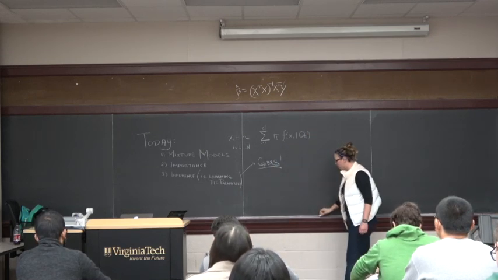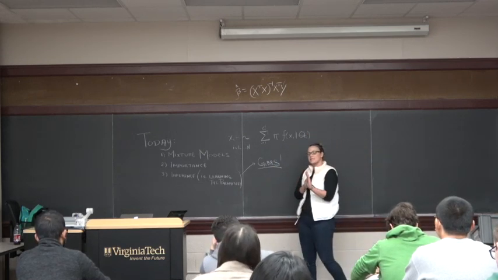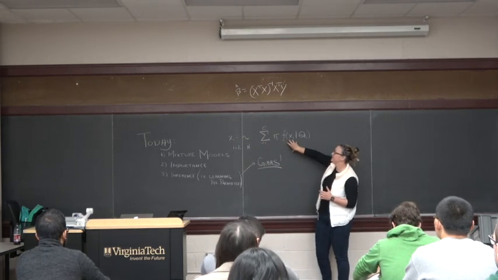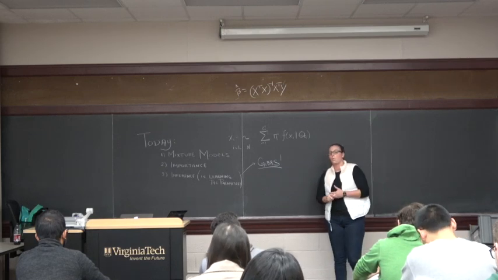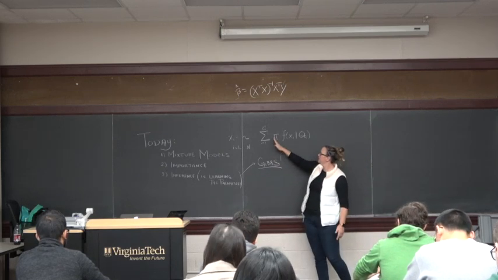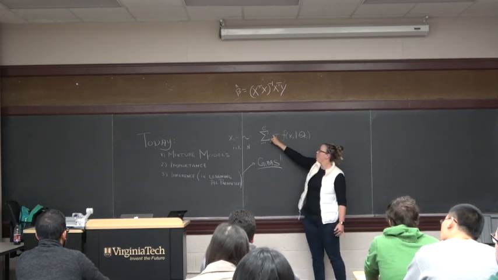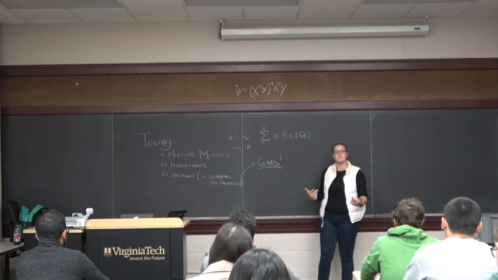Okay, so this might look a little daunting, but it's not. We're going to have data that comes from this sampling distribution. This sampling distribution is going to be the sum, where these guys are some weight, and this is going to be some density.